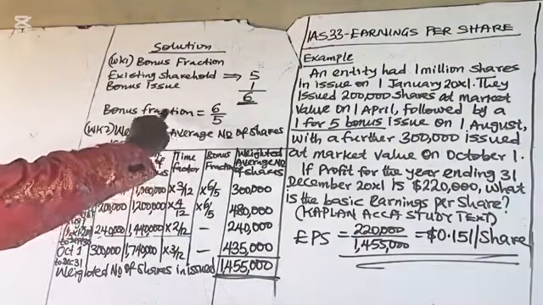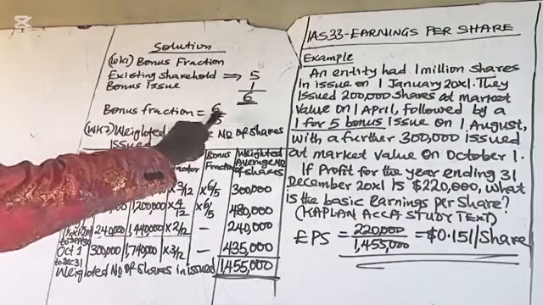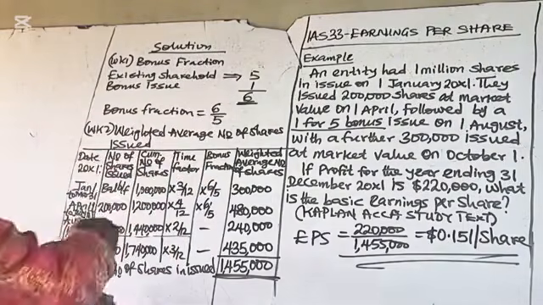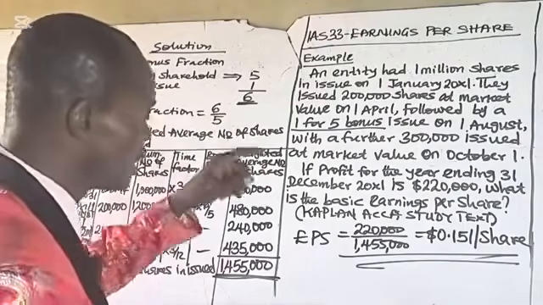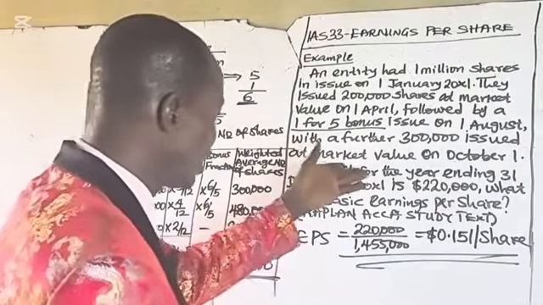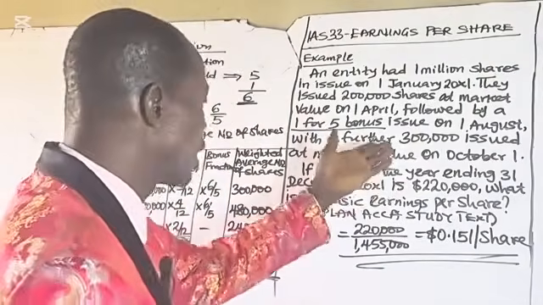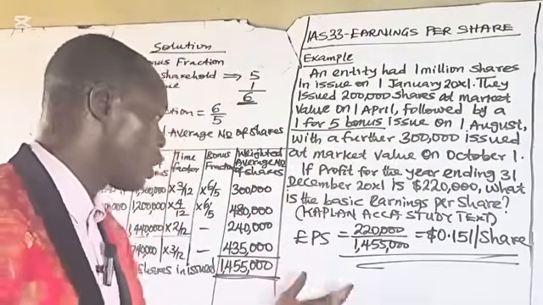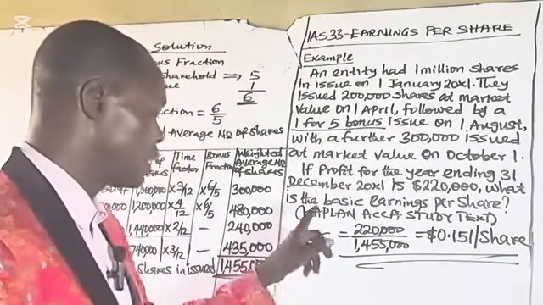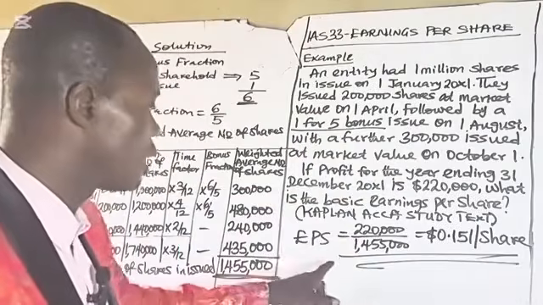You multiply by the reciprocal of the bonus fraction, which is 5/6. We use 5/6 to multiply the EPS for 20x0 in order to get the comparative EPS. But since the EPS for 20x0 is not given, there is no need for us to calculate the EPS for the comparative period. I will stop this video here.